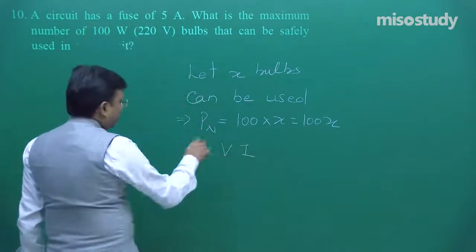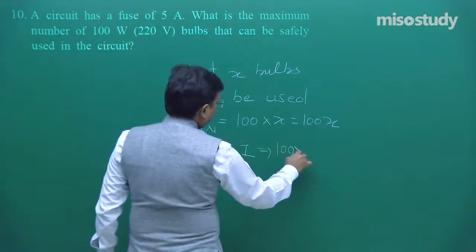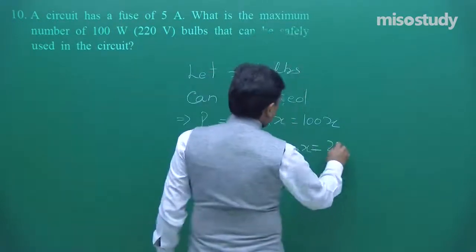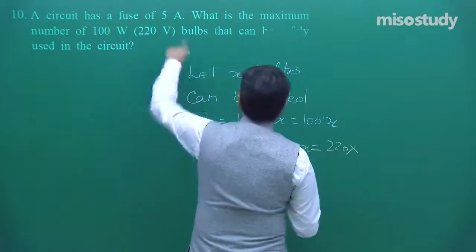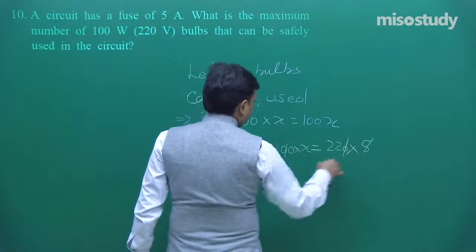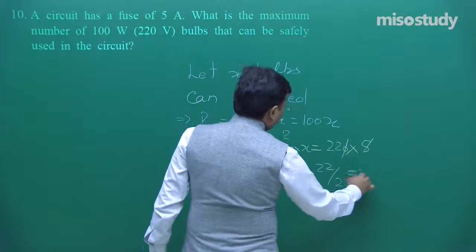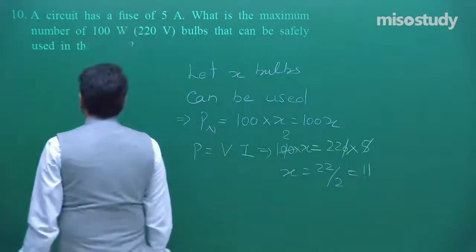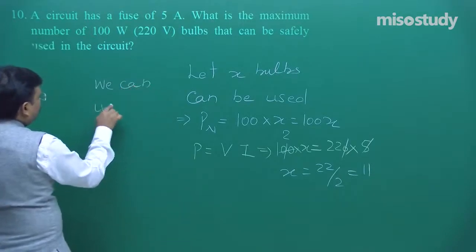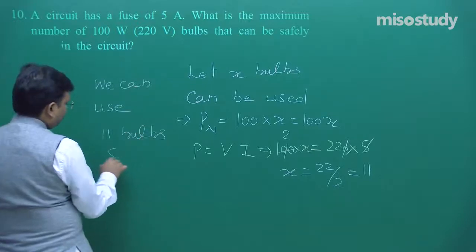Now 100 into X is equal to, what is V? 220 into what is I? 5. Let us try to solve it. X is equal to 22 by 2 will give you 11. So, answer is we can use 11 bulbs safely.